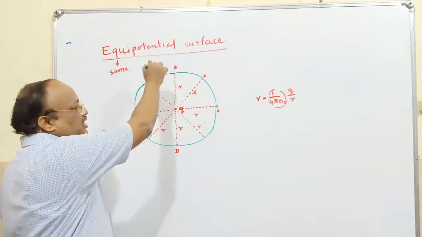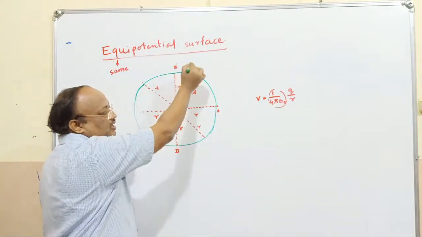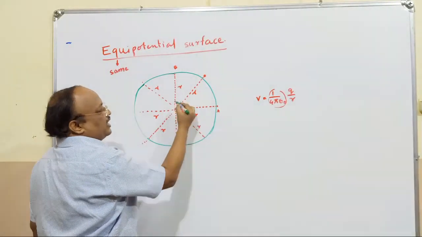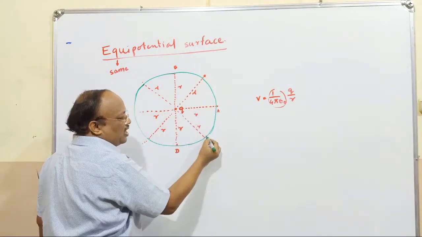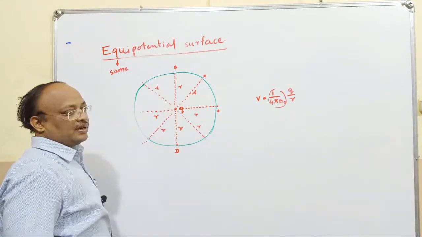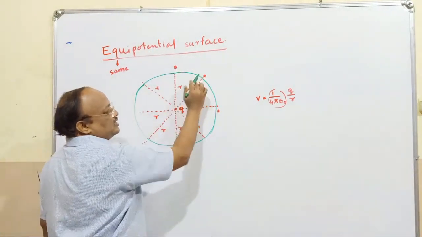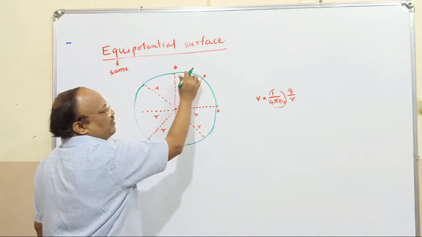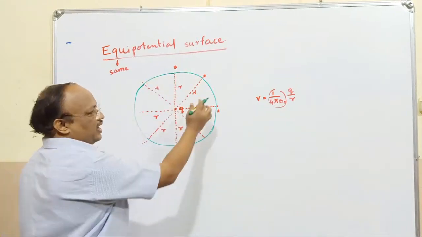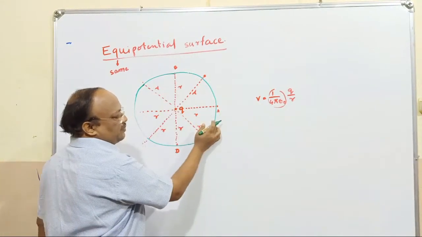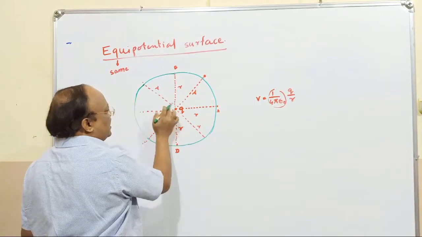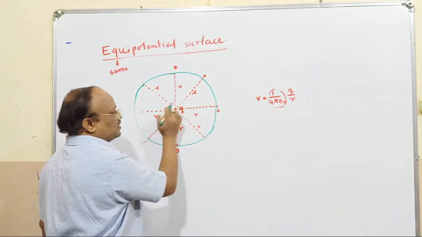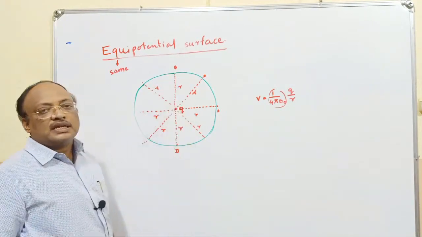Okay, so this is our equipotential surface. At every point on the surface, potential is the same. At this point you see, you will have the same potential. At this point, potential will be the same. At each and every point on the surface, the potential is the same.